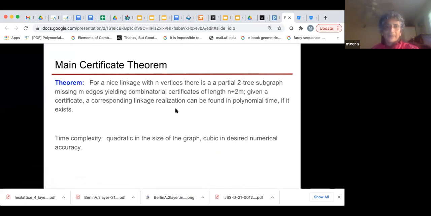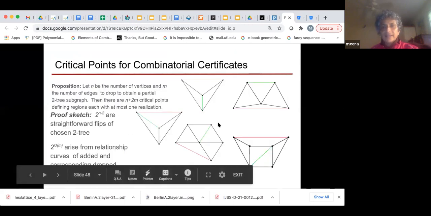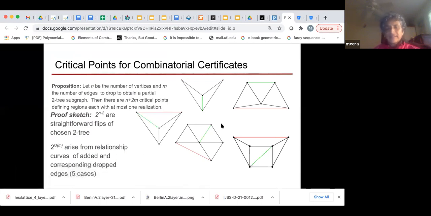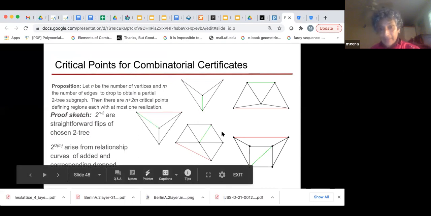So basically the main certificate theorem is that for a nice linkage with n vertices, there's a partial two-tree subgraph missing m edges, yielding combinatorial certificates of length n to m. There's a hidden thing here at the very last stage. All of these that I'm talking about are intermediate stages, but at the very last stage, you've expressed everything in terms of one Cayley parameter at the end. So now you have to solve for that one Cayley parameter. And that, of course, is not easy.